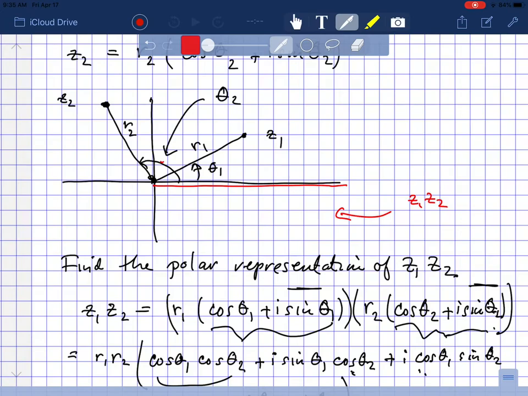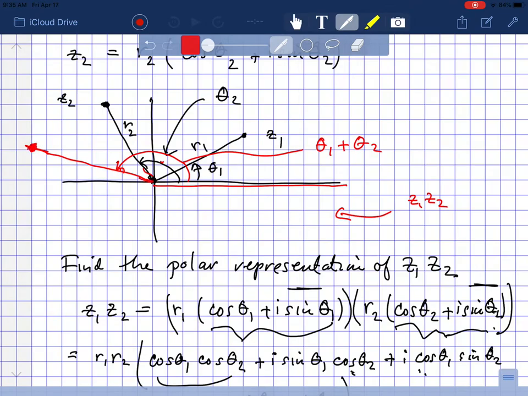So if I look at this angle here, this is theta sub 1 plus theta sub 2, and then I take r sub 1 times r sub 2, maybe that's some value way out here.